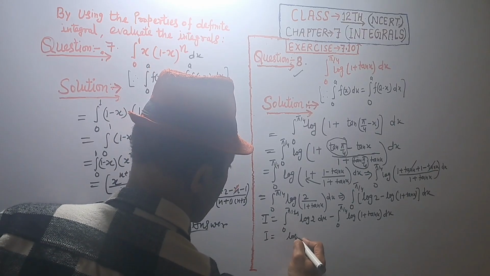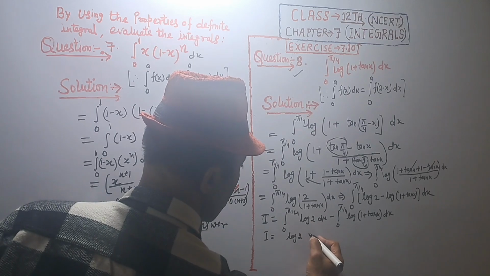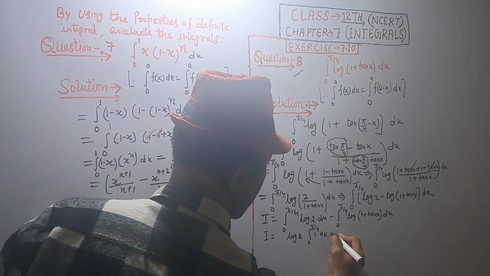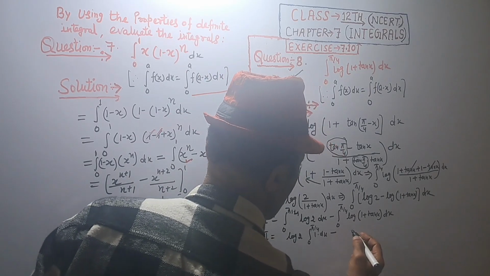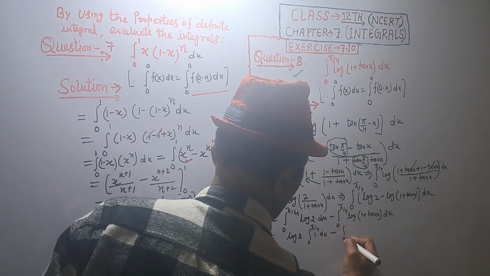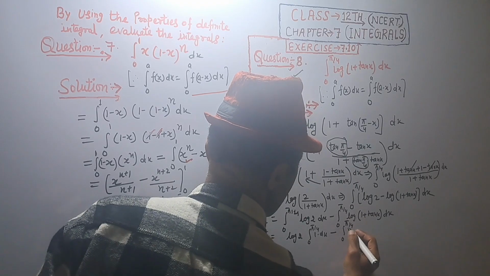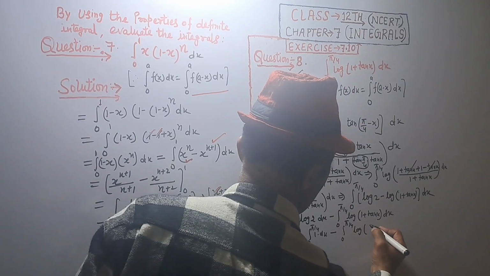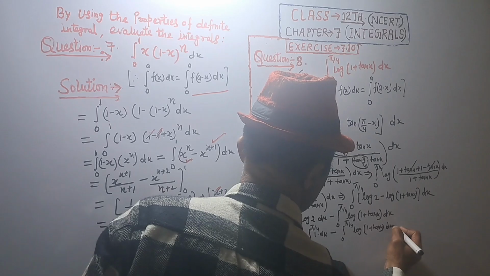I is equal to log 2 and integration of 1 dx, minus integral limit 0 to pi by 4 of log of (1 plus tan x) dx.